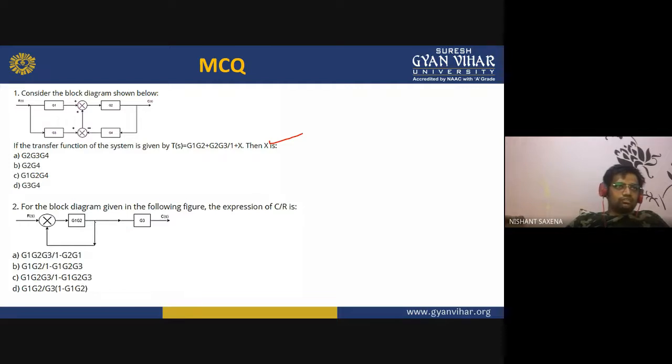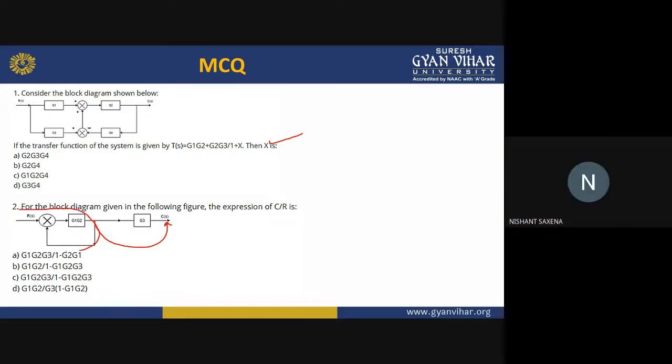There are two ways to solve this. First, we can bring this takeoff point towards this side, but that will be too complicated. So it's always better to solve the feedback path first, and then solve the net equivalent transfer function in cascade with this G3.